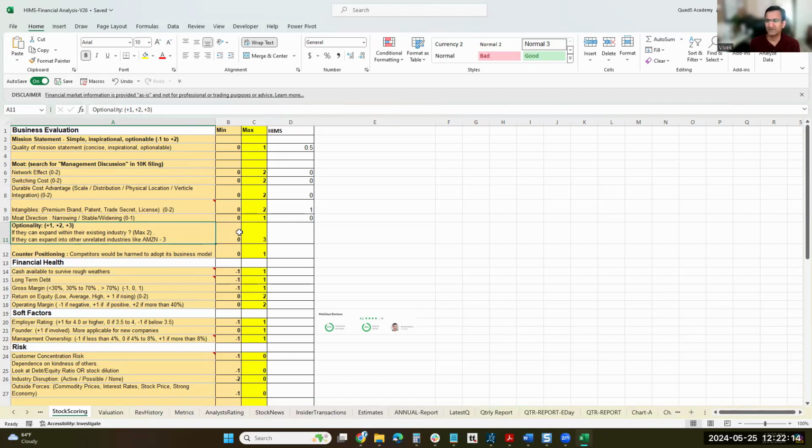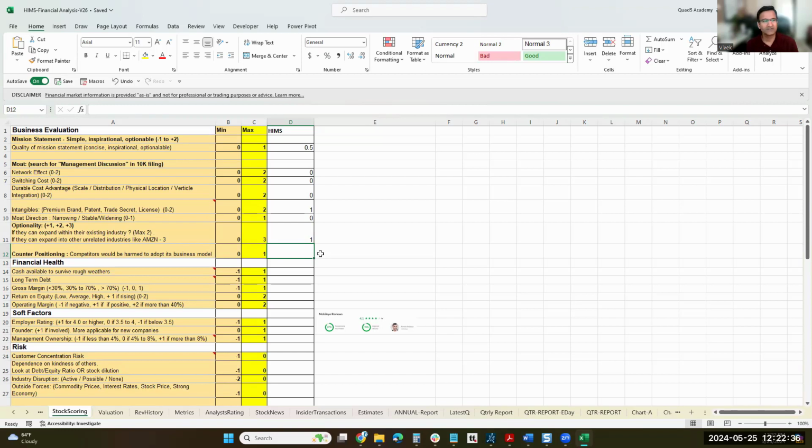Amazon moved into so many unrelated industries. Huge optionality, which is why I'm invested in Amazon. I don't know whether this has got a similar ability, or it doesn't even have a balance sheet to move into unrelated industries, but maybe it can expand in its own industry. So I'll give it one.